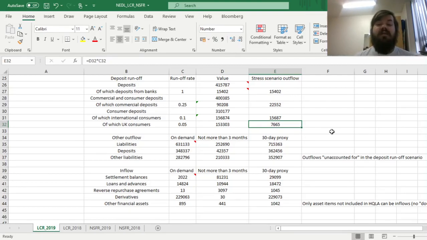Then we need to account for other outflows, which would be all other liabilities apart from deposits. Here we actually assume, and this is quite heavily stressed by Basel and BCBS in particular, that we need to account for the fact that deposits, regardless of their maturity, can actually be terminated under the liquidity stress scenario, because generally in most jurisdictions there are no that heavy of penalties for premature cancellation of deposits.